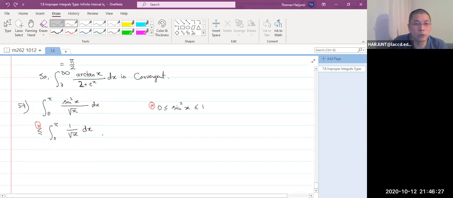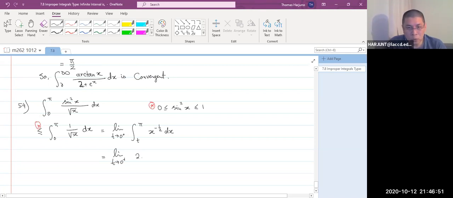Let me just compute this. This is equal to the limit as t goes to 0 from the right of the integral from t to pi of x to the power of -1/2 dx. This is the limit as t goes to 0 positive of 2 times x to the power of 1/2 from t to pi.